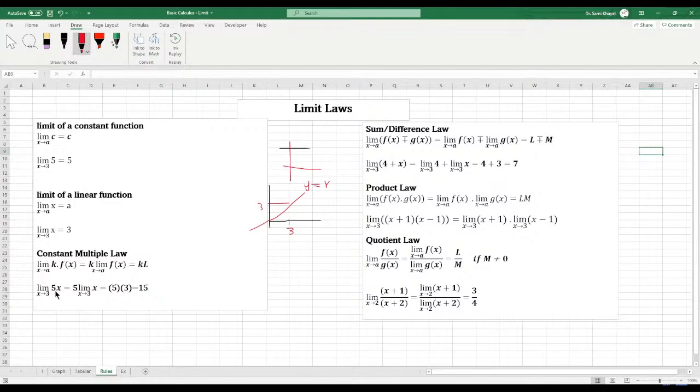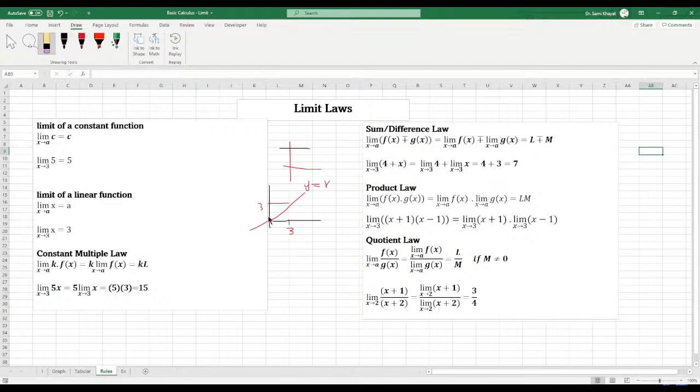Example: the limit of 5x. I can take the 5 outside, and then find the limit of x when x approaches 3. The limit of x as x approaches 3 is 3. You multiply, and it will be 15. You can do it directly here and you will also get the same. But this is the law.